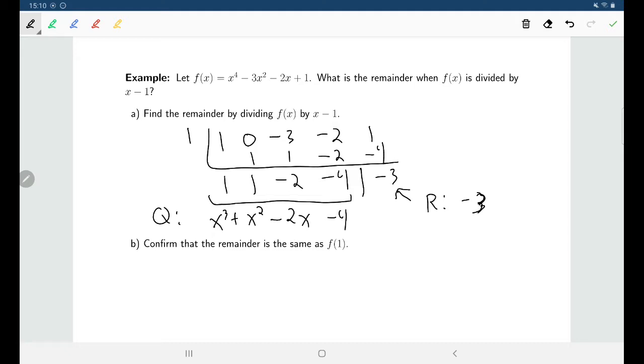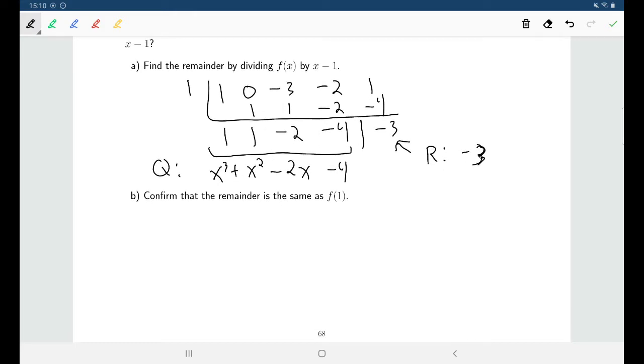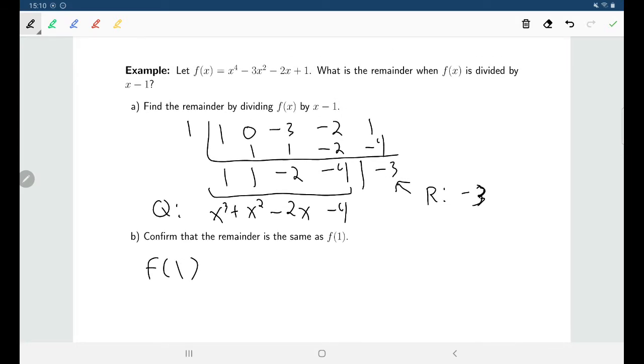Okay, so I found my remainder was negative 3, and I did that by actually dividing. But I can confirm that that's the same thing as just taking your polynomial and evaluating it at 1. If you were to put 1 in for x, that's also equal to negative 3.